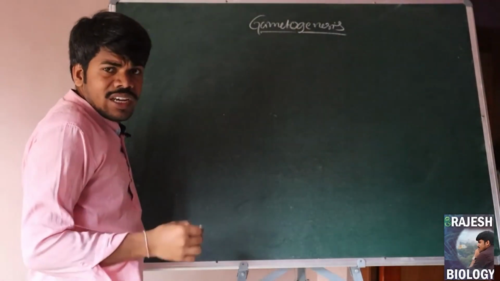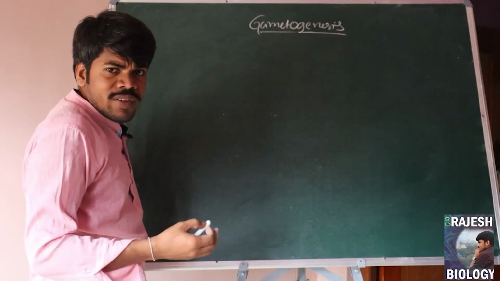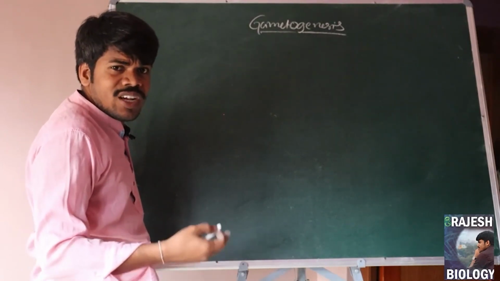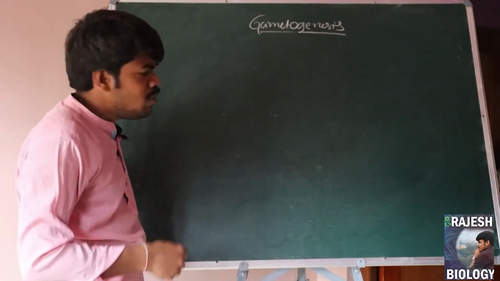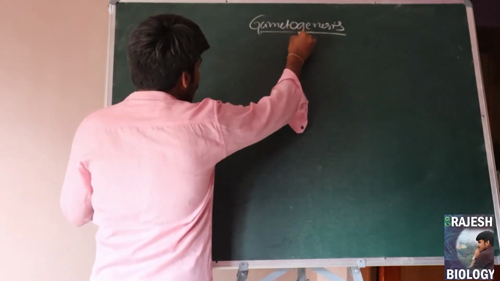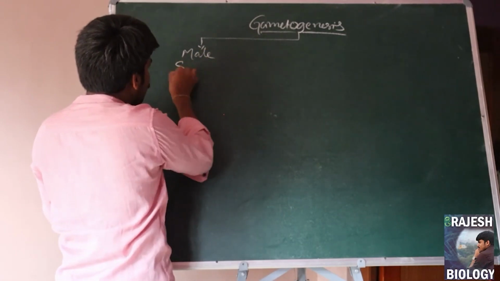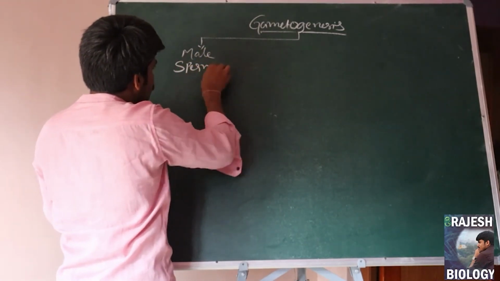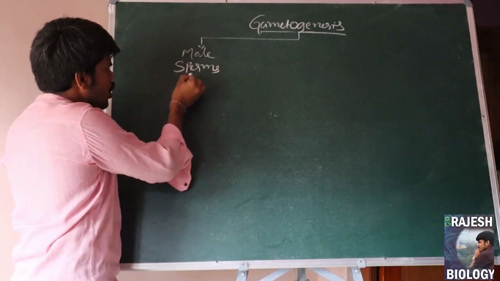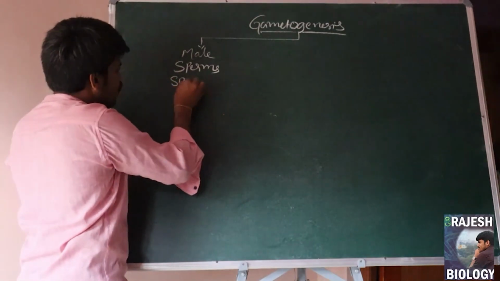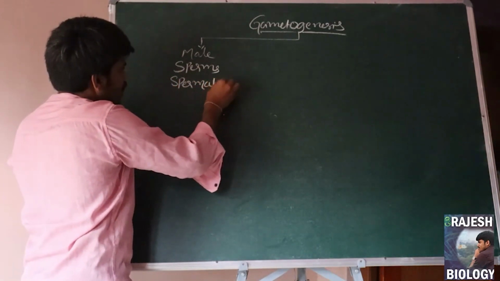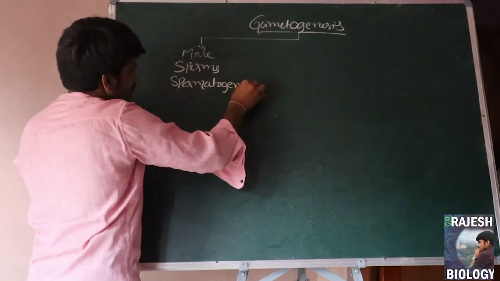Gametogenesis is the production of the gametes from the primary sex organs of the male and female reproductive system. If it is the male reproductive system, the gametes are called sperms. So the formation of sperms is called spermatogenesis.